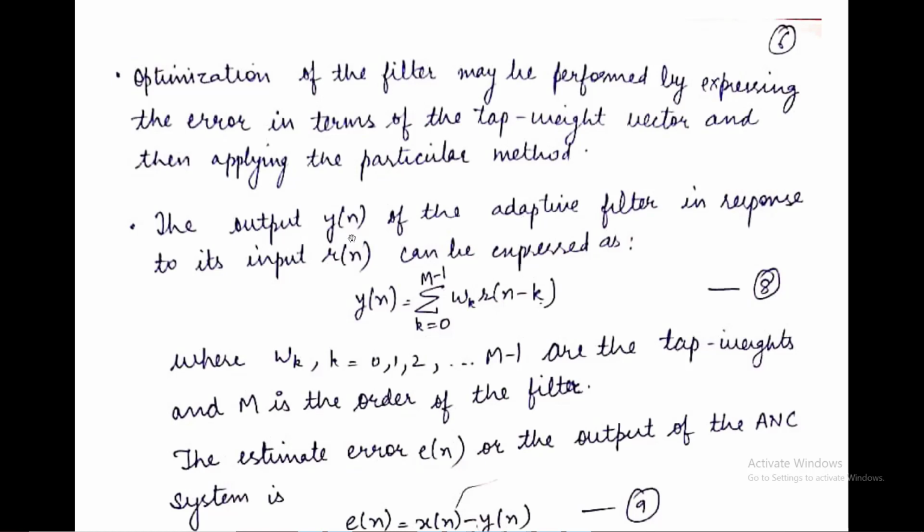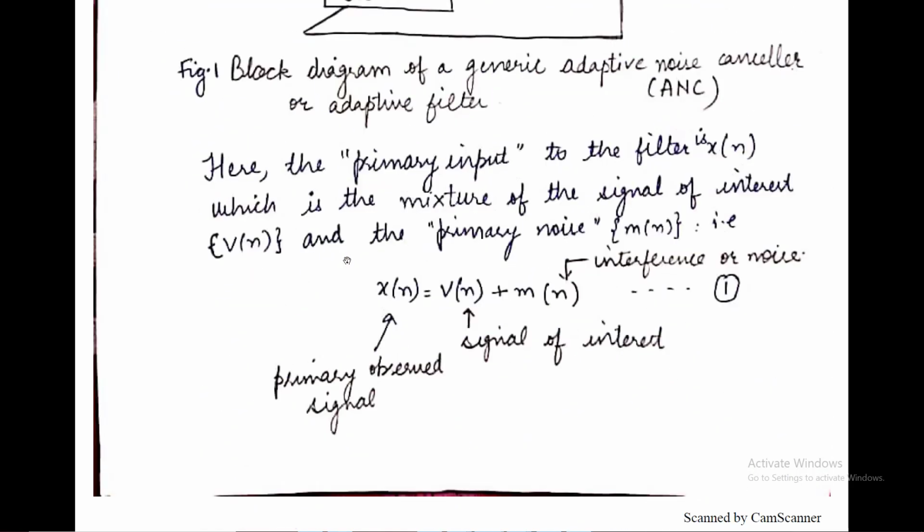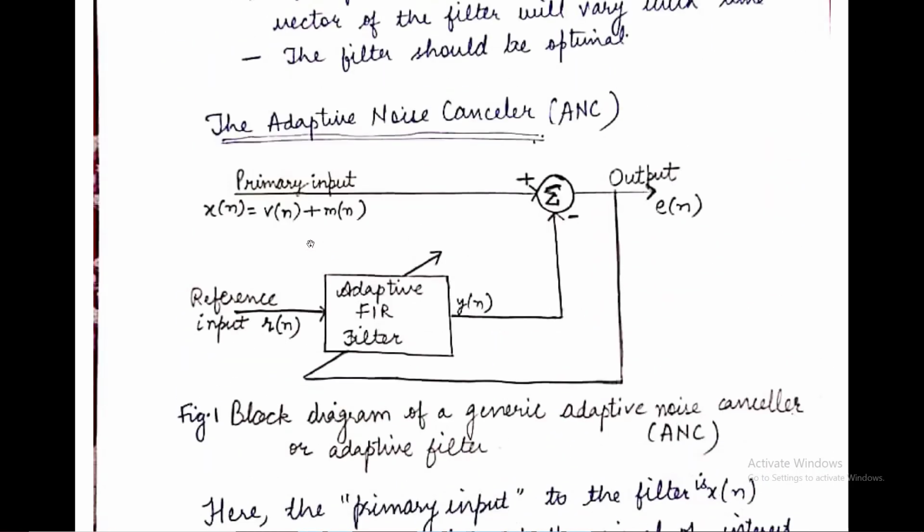So the output Yn of the adaptive filter in response to its input Rn, because if you have seen in the diagram, for the adaptive filter the output is Yn and the input is Rn. You can again refer to that diagram. So this was the adaptive filter. The input is the reference input, we are considering Rn, and the output is Yn.